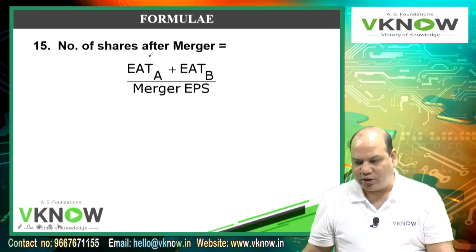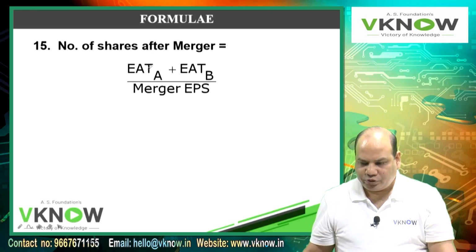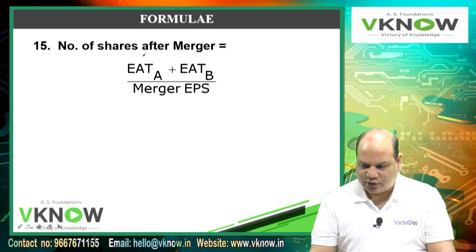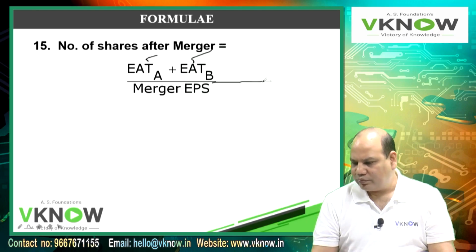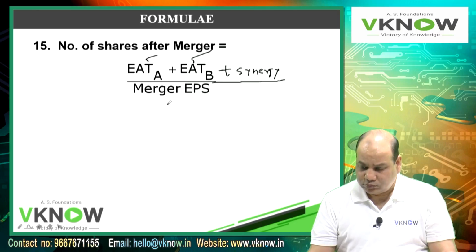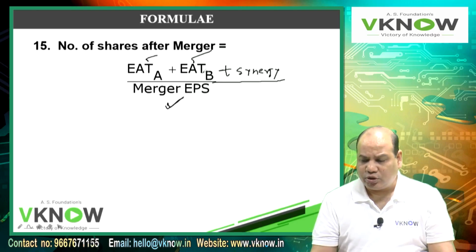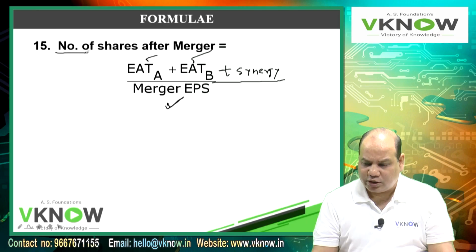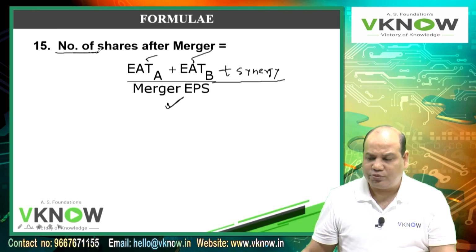Now sometimes they can give you a reverse question. Earning after tax of A is given, plus earning after tax of B is given, and possibly synergy gain is also given. Post-merger EPS is given. So can I not do the reverse working and find out the number of shares? Yes.